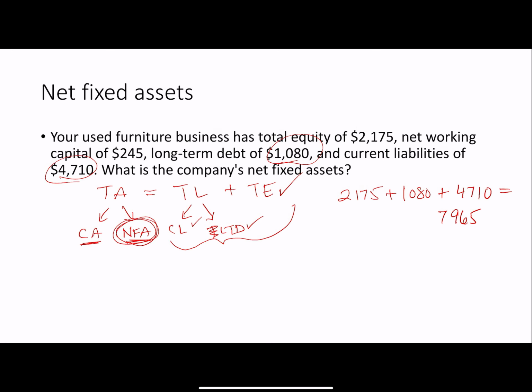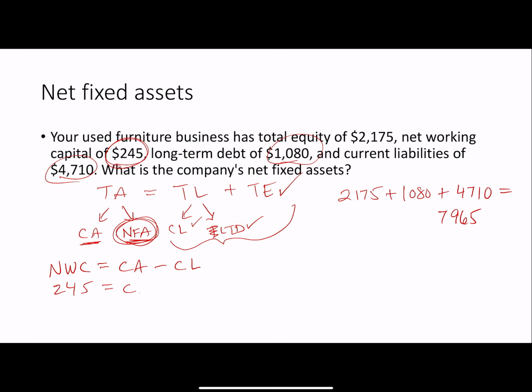All right, well, what is net working capital? Net working capital is current assets minus current liabilities. How many current assets you own in excess of current liabilities? Now we're given net working capital, which is 245. So let's go ahead and fill out this equation. 245 is going to be our net working capital.